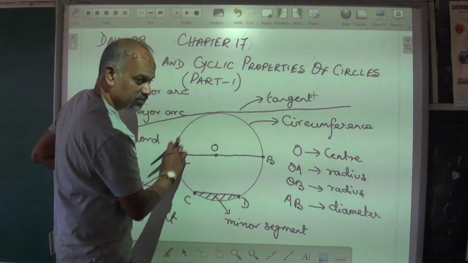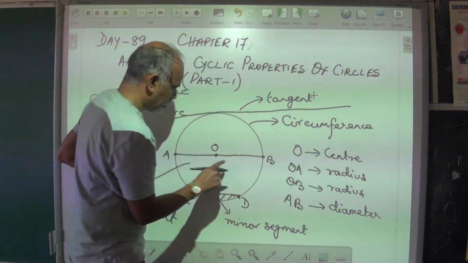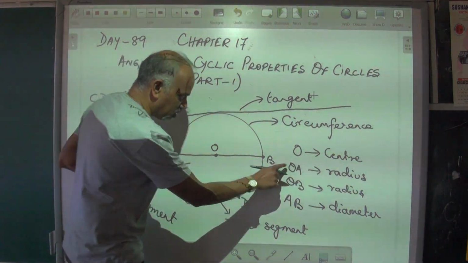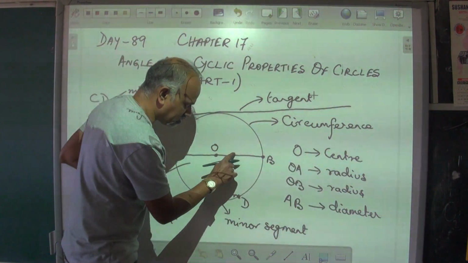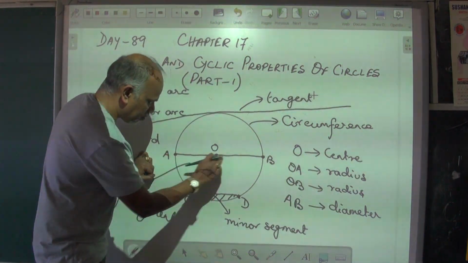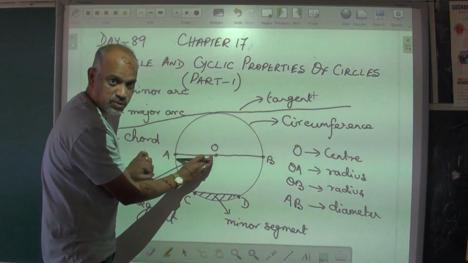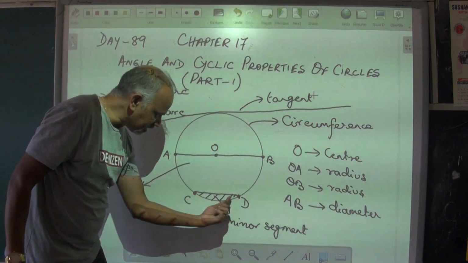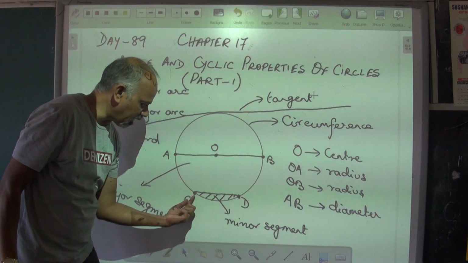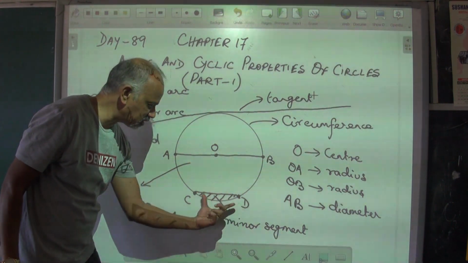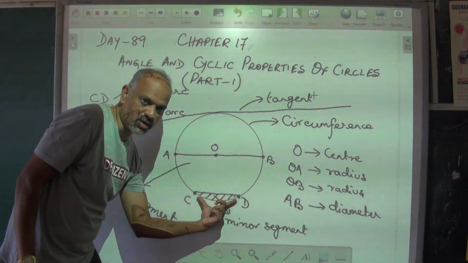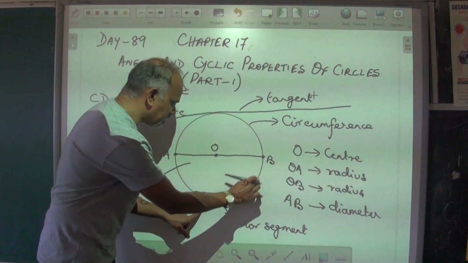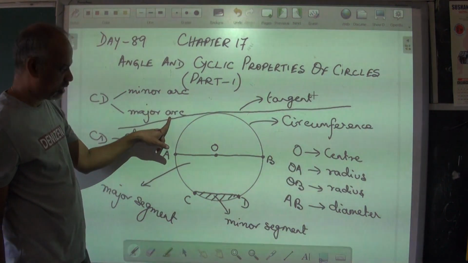This line which is curved is called the circumference. O is the center of the circle. OA, this length, is called radius. OB is also the radius. AB, which is a straight line passing through the center, is called diameter. CD, when C and D are fixed on the circumference, this portion of the circumference is called minor arc, and the remaining portion CD is called major arc.